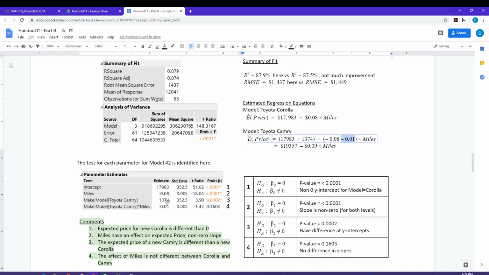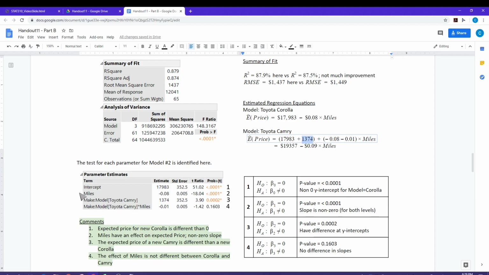The 1374 value is the additional, that would be an increase in the price of a new Camry. So when the miles is 0, I can expect a Camry to be about $1,300 more than a Corolla. So that's the interpretation of those two quantities.